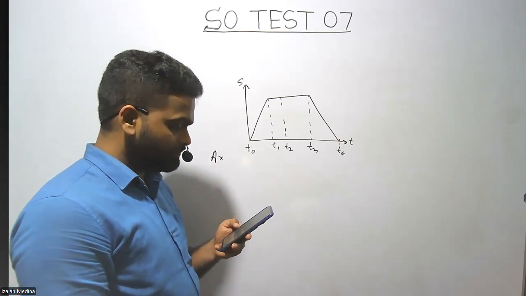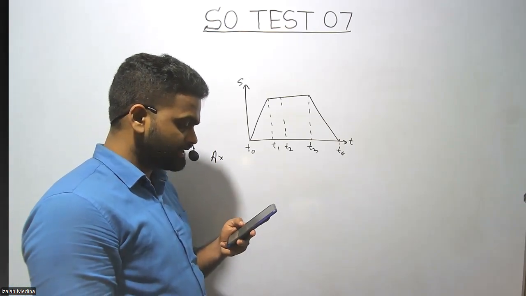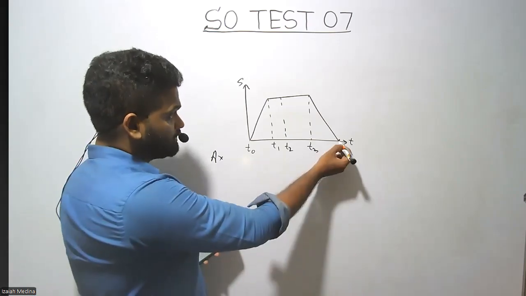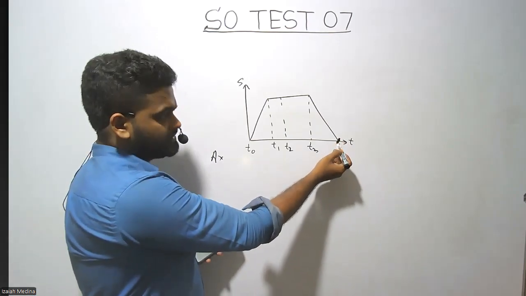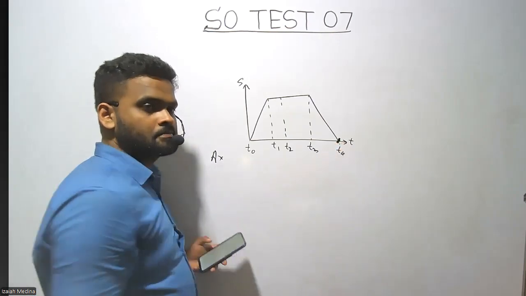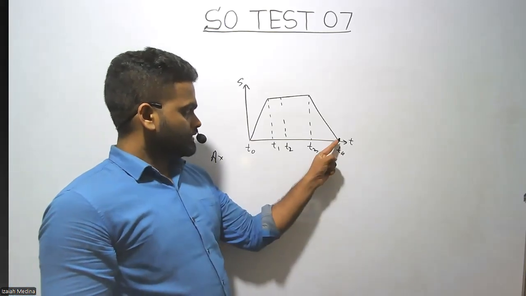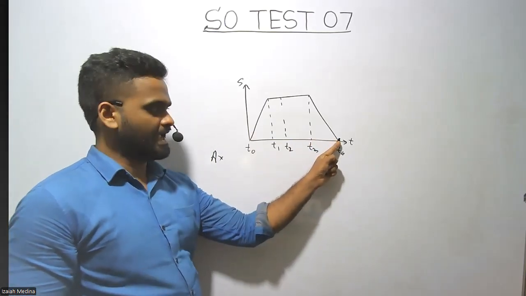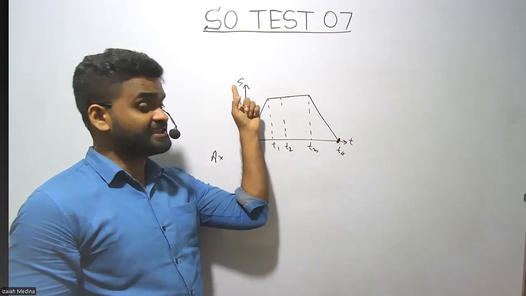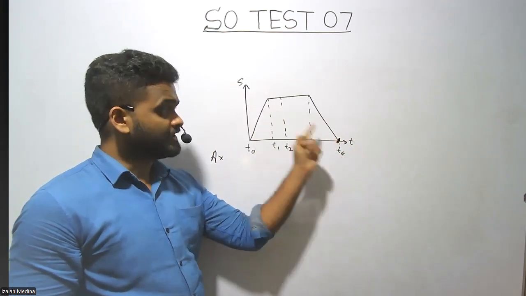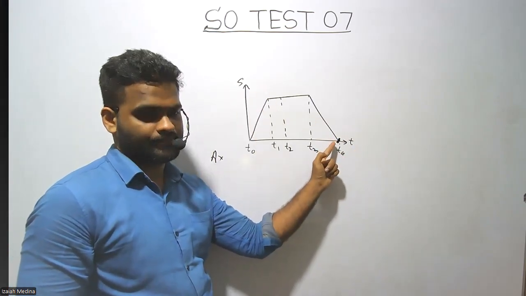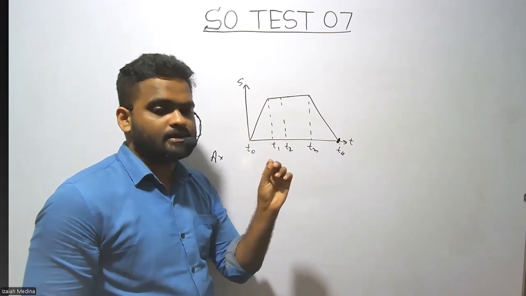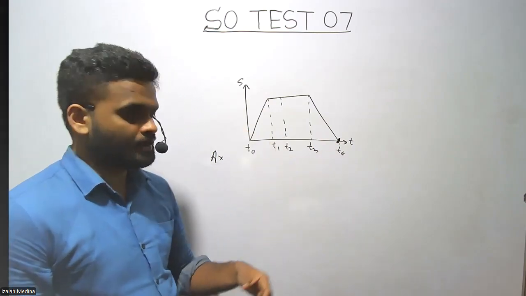Then B, the particle is at rest at T4. T4 meaning here, they say the particle is at rest. You can see that displacement is 0 there. At T4, this is a displacement time graph, so displacement is 0. Displacement 0 doesn't mean velocity is 0.